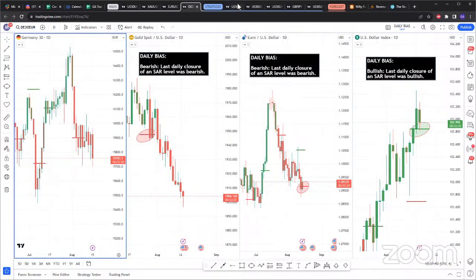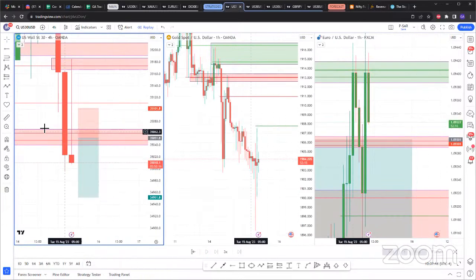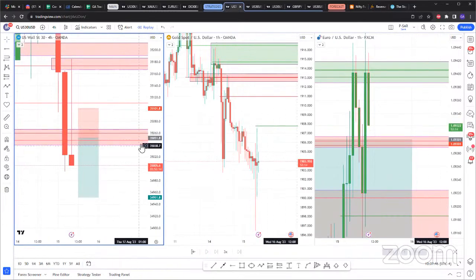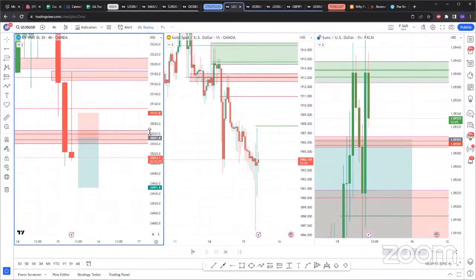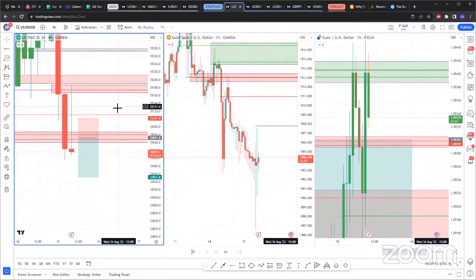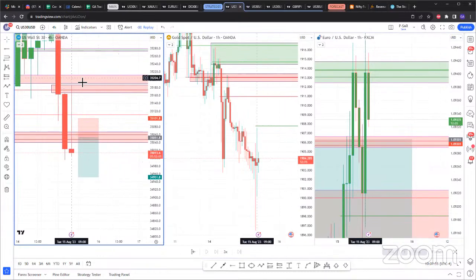So this is why the best thing, after you get your bias, is to come to the 4 hour, come to the 1 hour, identify those double SAR entries, whether it's buys or sells, or maybe both, on the 4 hour and 1 hour, and wait for price to come to those zones.